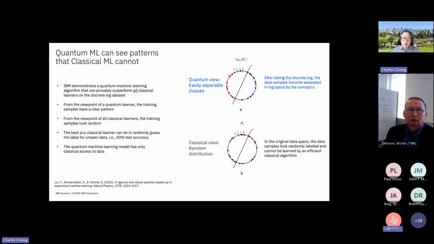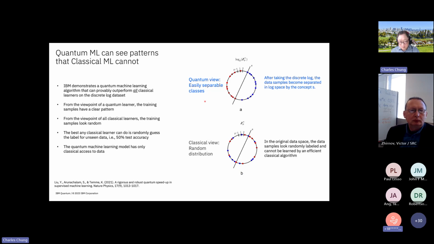Whereas we know that there is a quantum algorithm that can approach 100% accuracy in terms of separating the divisor in this data set. And so we know that a quantum machine learning model can see patterns in data that classical machine learning models cannot.